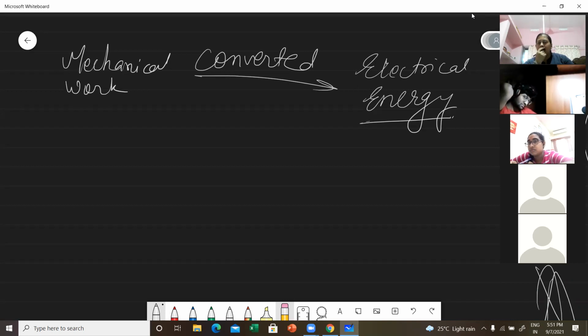But that mechanical work is done by our nature. Hydropower plants. Hydro means water, water given by our nature. You are doing some work and it is now converting into electrical energy.